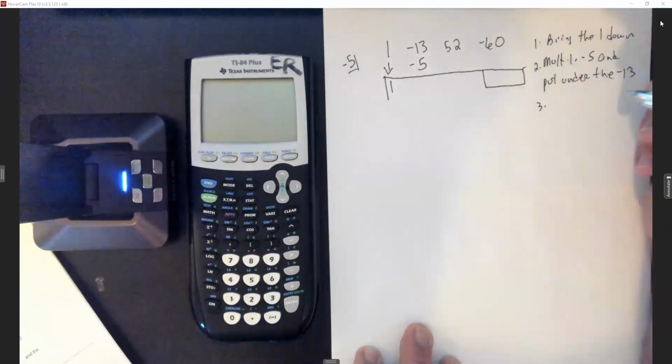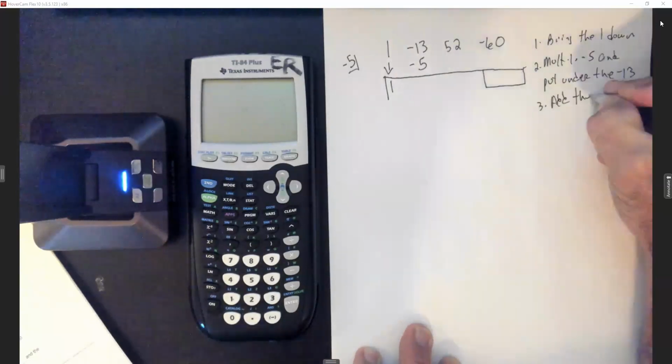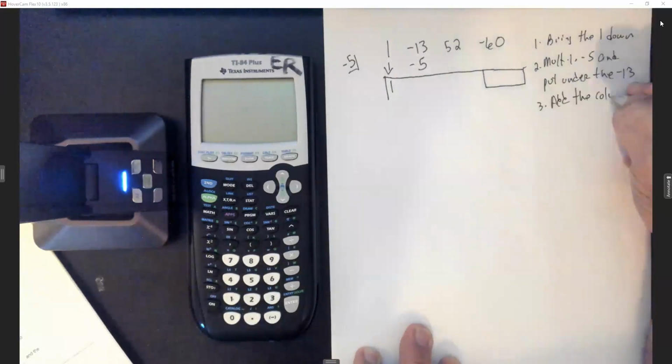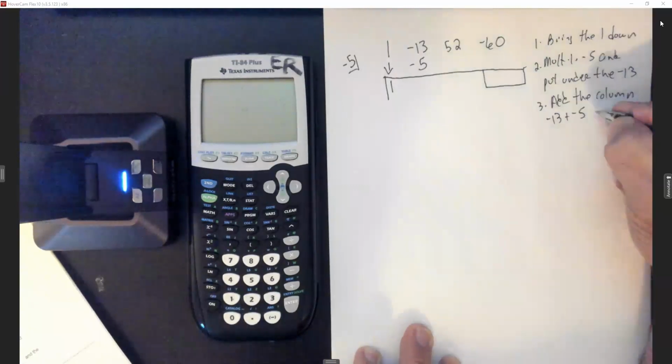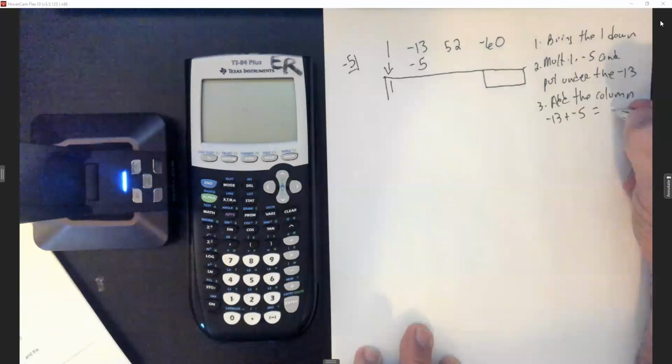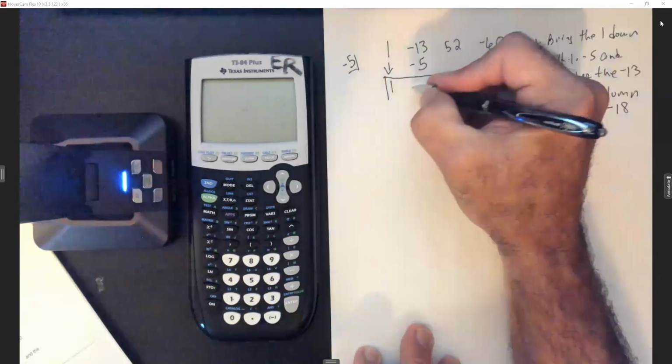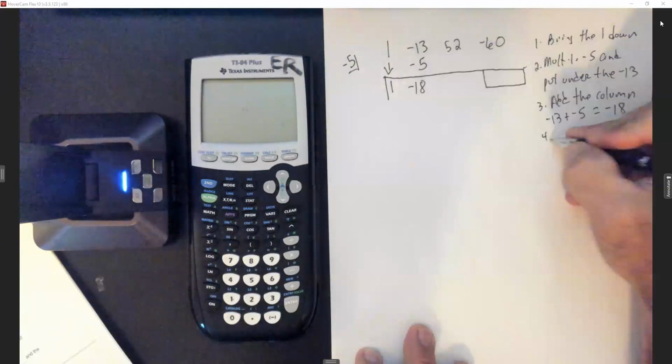Next, I'm going to add the column, negative 13 plus the negative 5, and that's going to give me a negative 18. So that negative 18 will come down. And then once again, repeat everything.